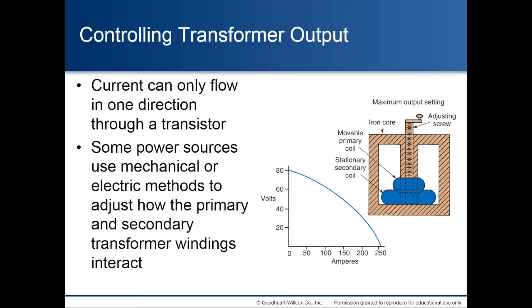Controlling transformer output. Current can only flow in one direction through a transistor. Some power sources use mechanical or electrical methods to adjust how the primary and secondary transformer windings interact.